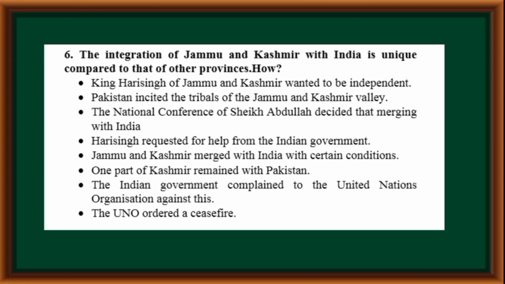Harisingh requested for help from the Indian government. Jammu and Kashmir merged with India with certain conditions. One part of Kashmir remained with Pakistan. The Indian government complained to the United Nations organizations against this. The UNO ordered a ceasefire.